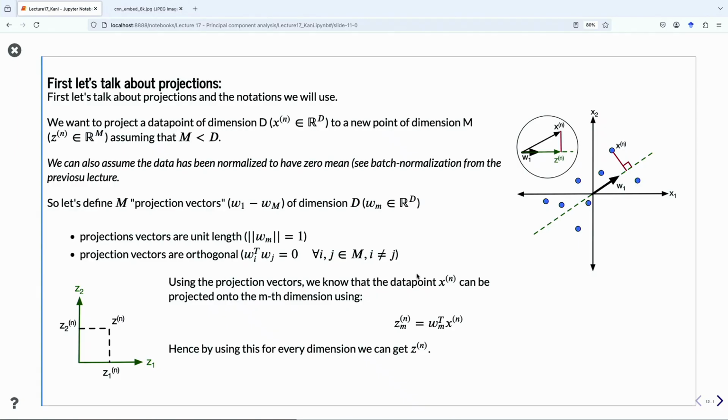Doing this for each of the m dimensions gives us a new projected point z. Everyone with me so far? This is a lot of notation, but I promise it'll come together very soon. So we have a way to go from x to z using m projection vectors. Okay.